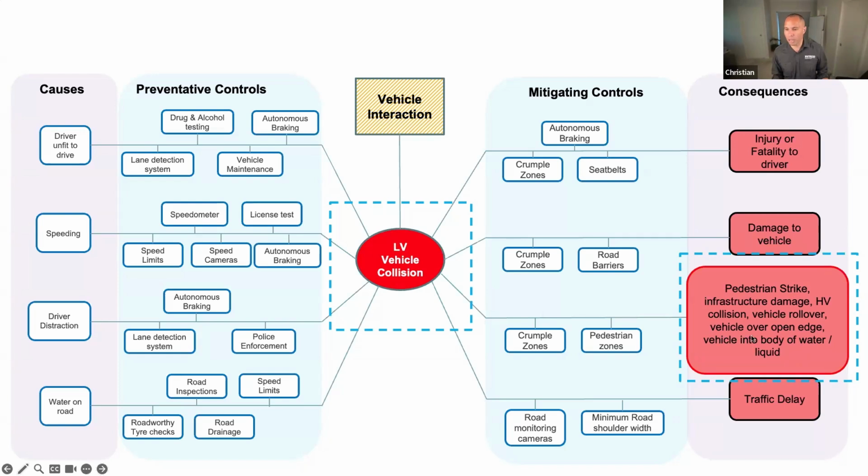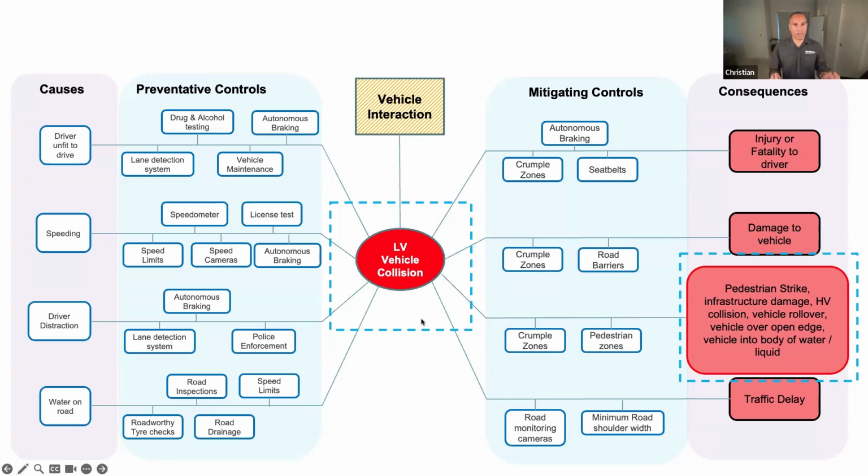Over an open edge, into a body of water, vehicle rollover, all of those sorts of things can be identified from a loss of control, whereas with a collision, unlikely. I haven't worked it, but same on causes, I'm pretty sure too, if you went deeper on the causes, there's probably going to be some deltas in causes identified for light vehicle collision as opposed to causes for loss of control.